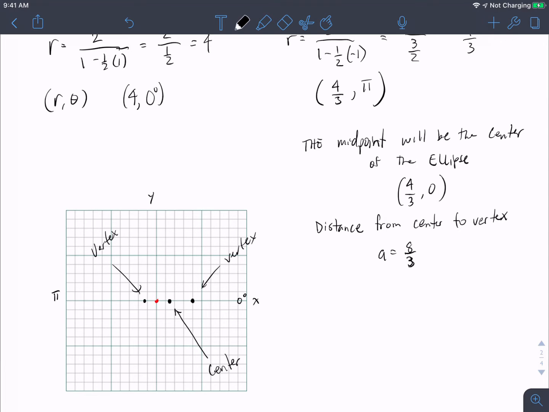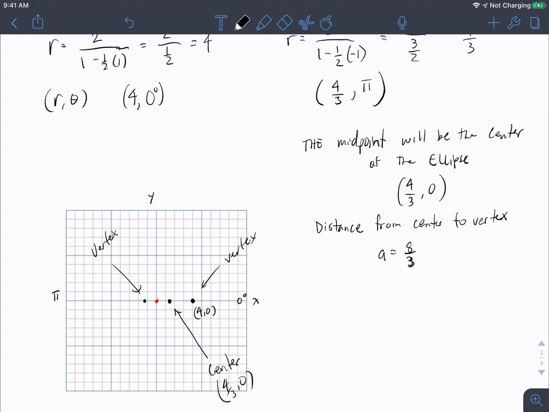And that's pretty easy to do because my point right here for this vertex really is 4, 0, and the center right here, which I'll just write down here, is at 4/3, 0. And so to get to 4, I'd have to add 8 over 3 to 4 over 3, and that gives me that distance of 8 over 3.